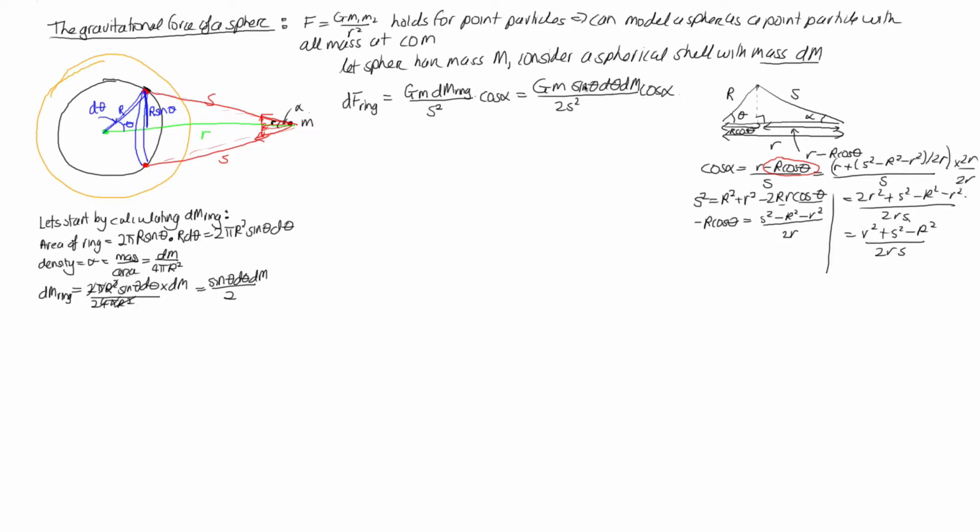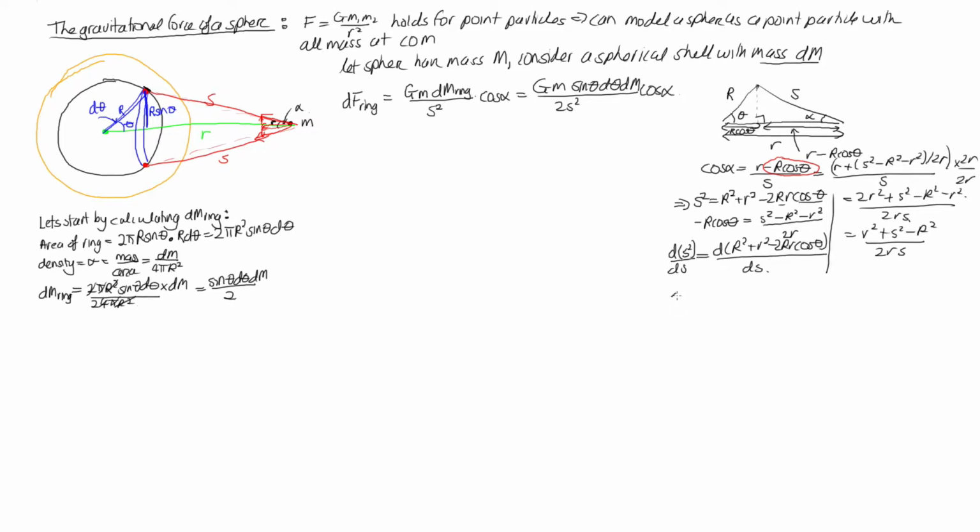What we want to do now is try and replace this sine theta and d theta somehow. So to do that, let's have another look at this equation, and let's actually differentiate this equation with respect to s. So if we differentiate both sides with respect to s, we've got d of s squared ds is equal to d of R squared plus r squared minus 2Rr cos theta, ds.